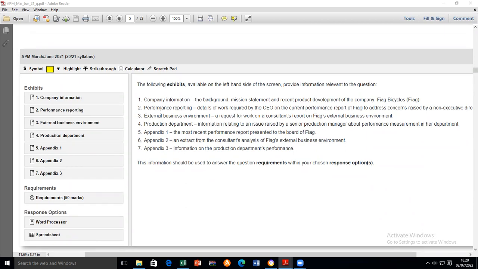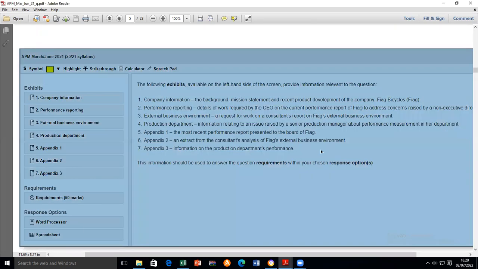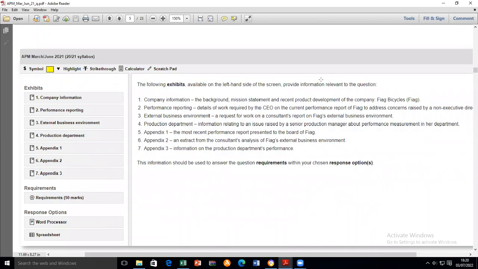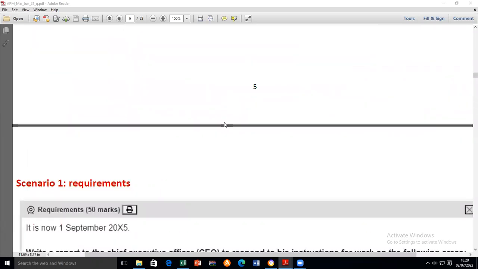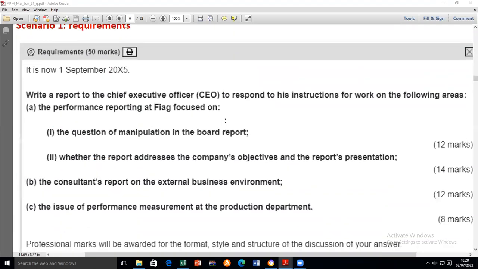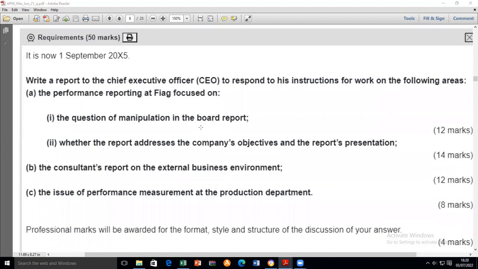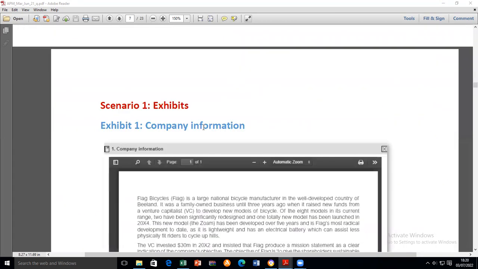Okay, so let us address the issues then. Was there any manipulation? Was there any manipulation?